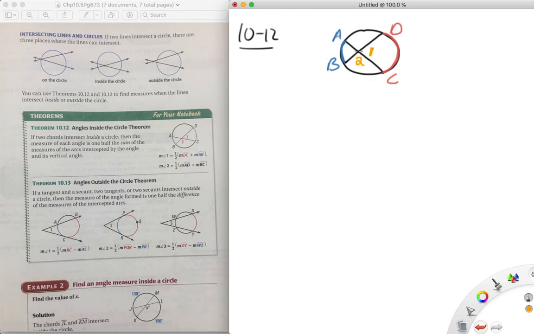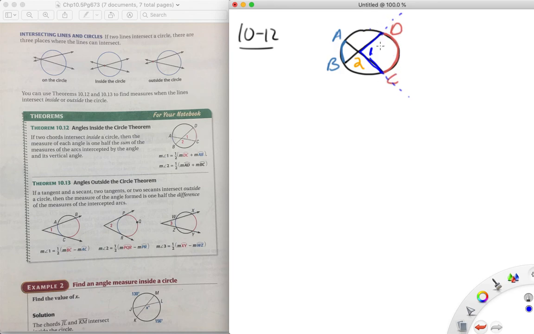Okay. So if we look at angle 1, and we look at its captured arc, it's going to be DC.